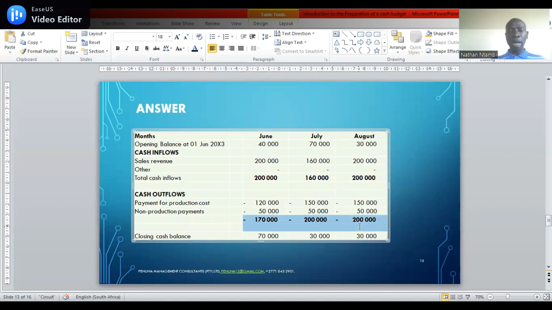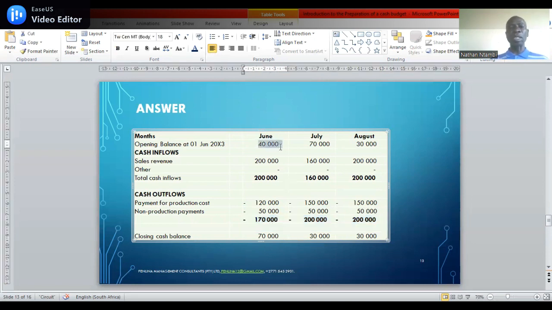How do we get the closing balance? The formula for the closing balance is opening balance plus cash inflows minus cash outflows. And then when you look at the opening balance here, it is 40,000, cash inflows 200,000, cash outflows 170, which gives us 70,000 as our closing balance.